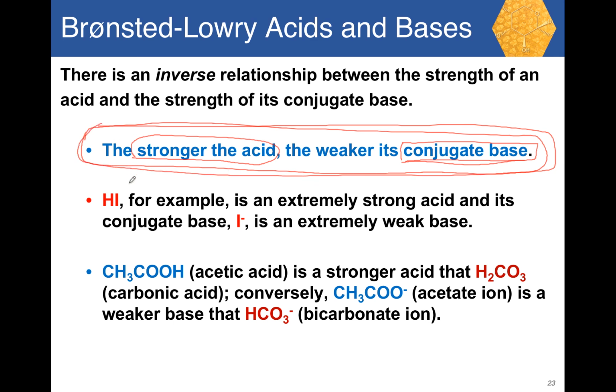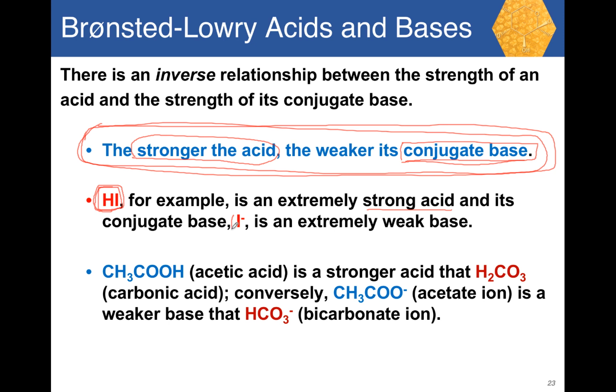This is just based on this statement here that's known in chemistry. For example, HI is an extremely strong acid. So this information we'll have to give you. Later on we'll see how to determine that information based on the equilibrium constant. But for the time being, I'll tell you that HI is a strong acid, which means that its conjugate base is a weak base.